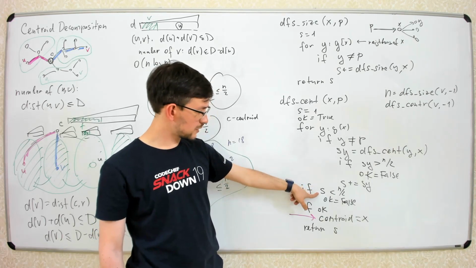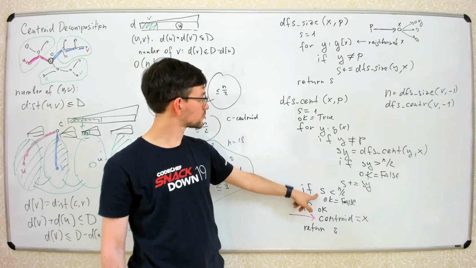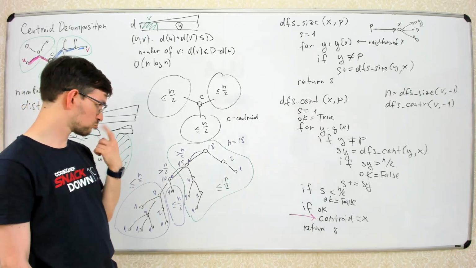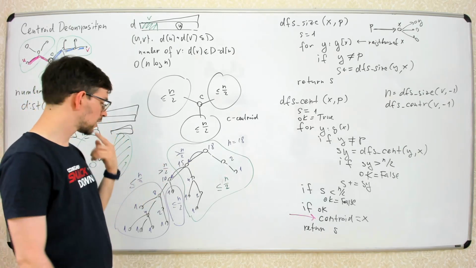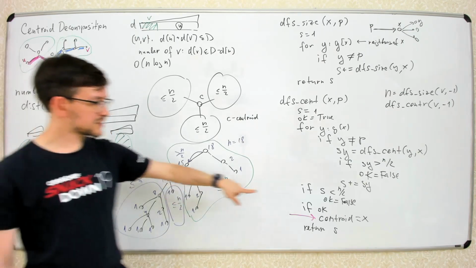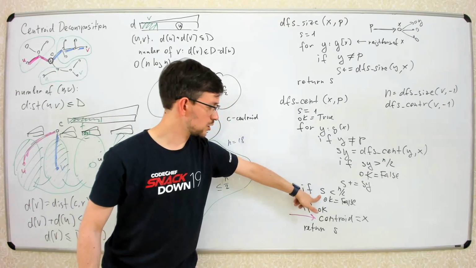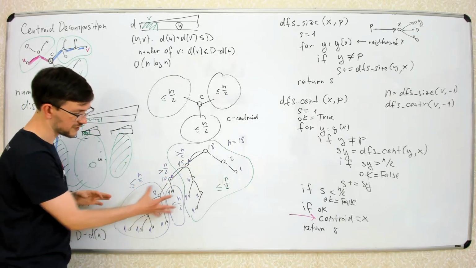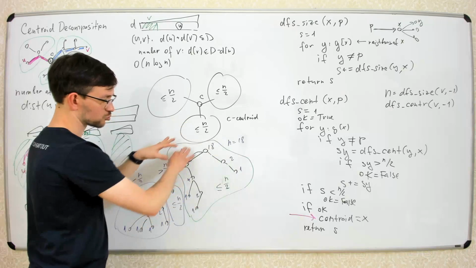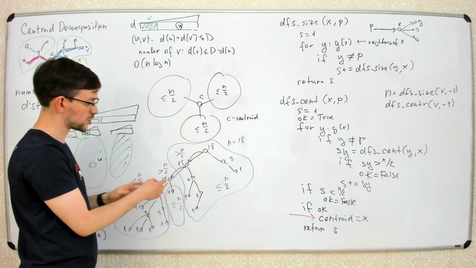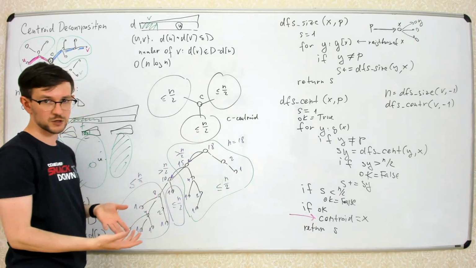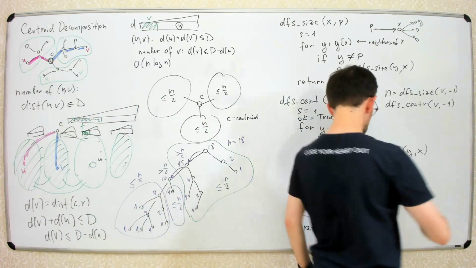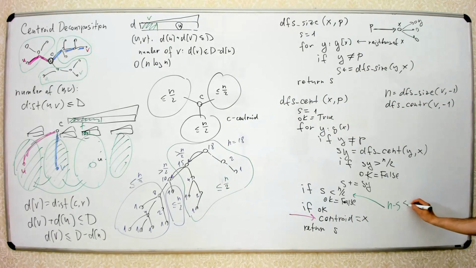Well, if s is less than n over 2, then I'm not a centroid. Maybe you can skip this. Maybe you can just reassign all possible. No, you cannot. Again, this check is required: when you remove this node, you have these parts and also this part. To check that this part is less than n over 2, you need to check that n minus your part is less than n over 2. So this check simply checks that n minus s is less or equal than n over 2.